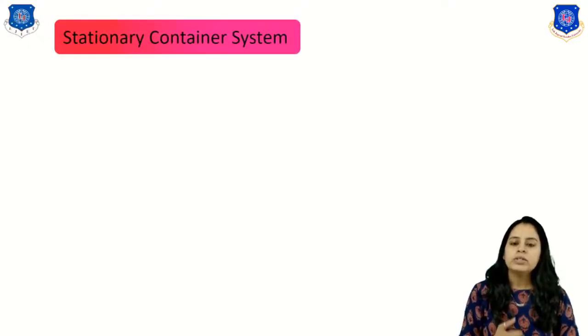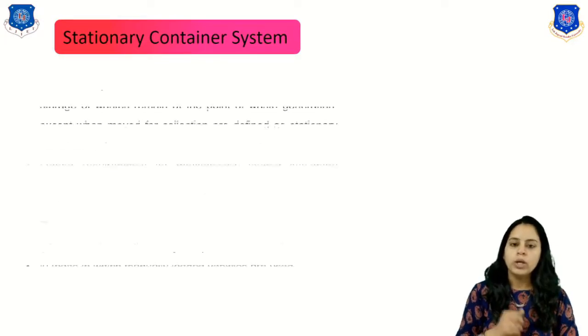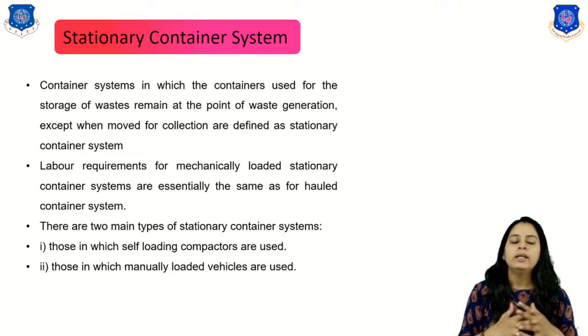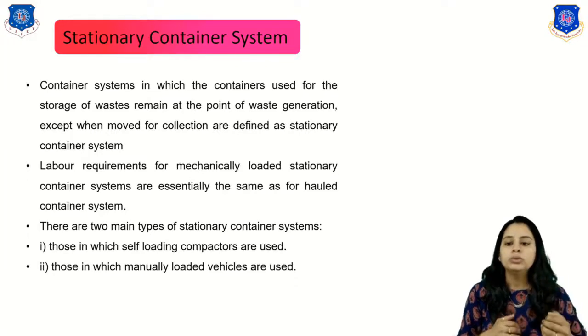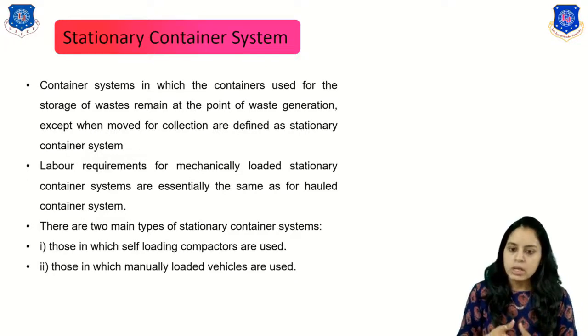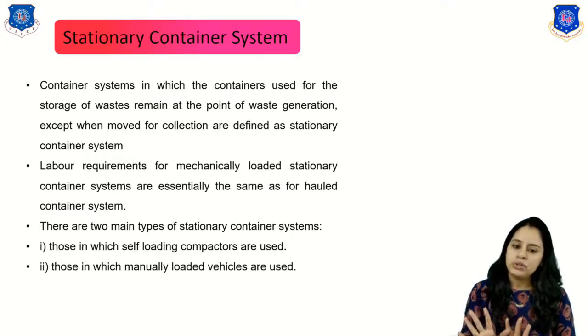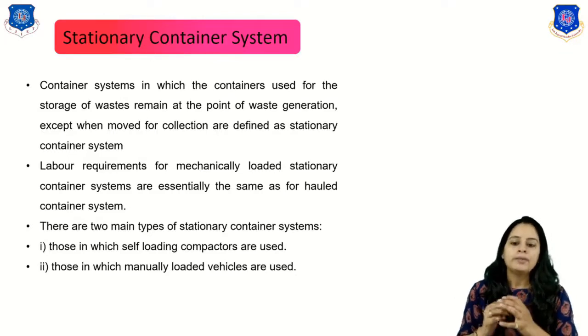Now the second is the stationary container system. In this system, the containers used for the storage of the waste remain at the point of waste generation, except when moved for collection. This is defined as the stationary container system.